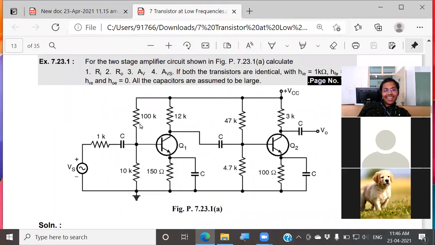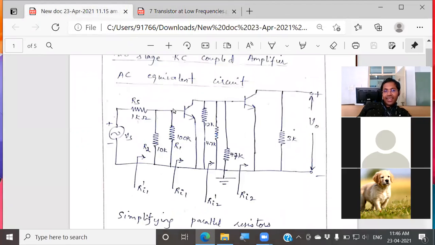Now this 100K will start from base and go to ground. Base is here, ground I already gave. So for the AC equivalent, this 100K appears to be from this point to ground. Next, what do we have?